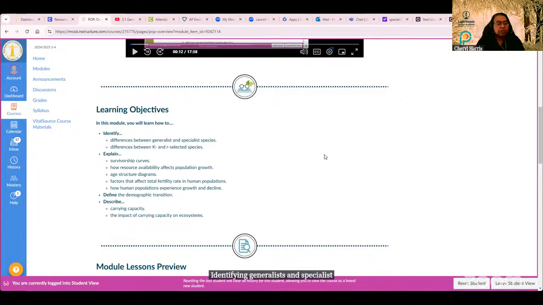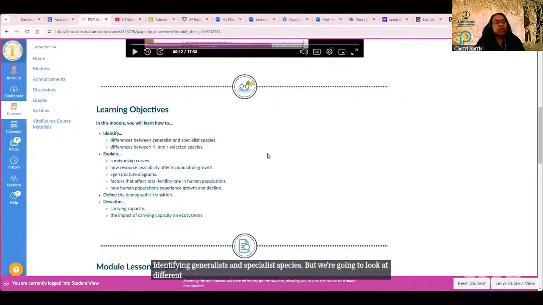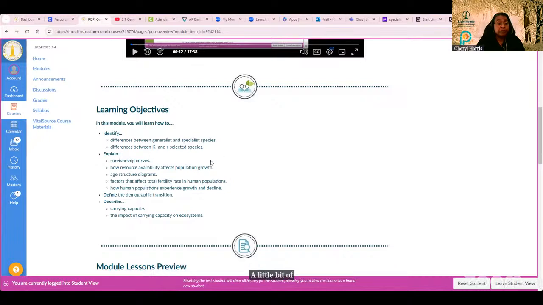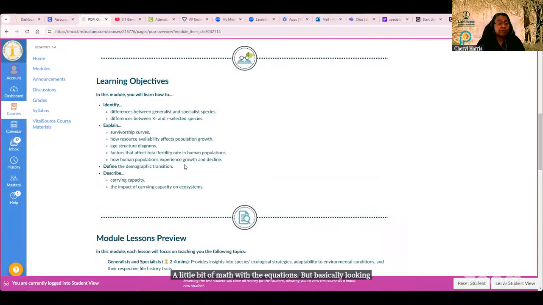But we're going to look at different types of populations. There's some graphing with this unit, a little bit of mathing with the equations, but basically looking at the demographics of populations, how they change, why they change, and in terms of vocabulary, carrying capacity is important.